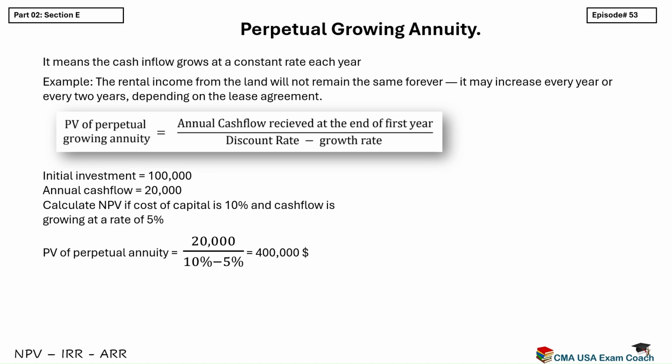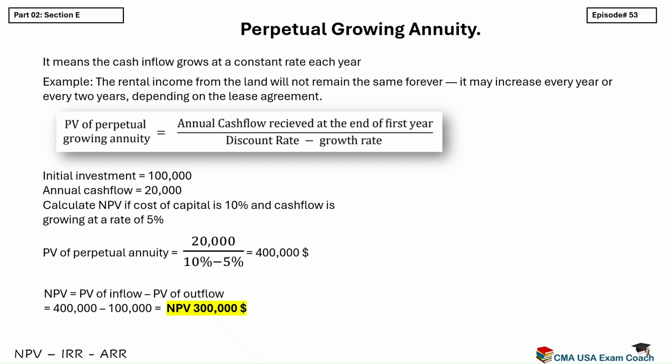Step 2. Calculate NPV. NPV equals PV of inflows minus initial investment. NPV equals 400,000 minus 100,000 equals $300,000. This positive NPV of $300,000 shows that the project is financially very attractive, and it creates significant value for the investor.